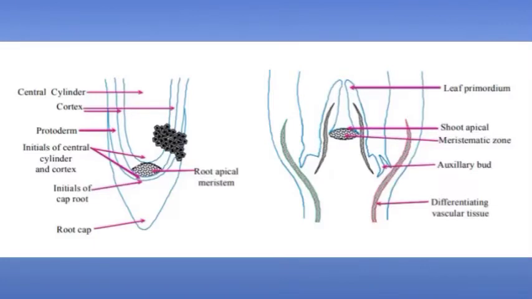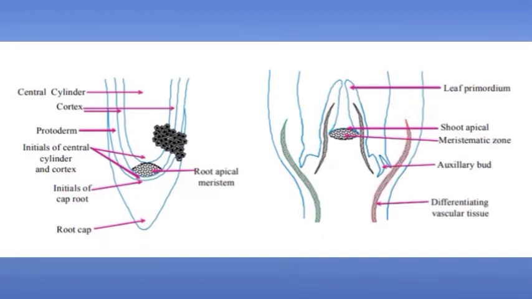Let's see the diagrammatic representation of root apical meristem and shoot apical meristem. See in the first diagram, root apical meristem covered by root cap and contains initials of roots, initials of central cylinder and cortex, protoderm, cortex, central cylinder, all.